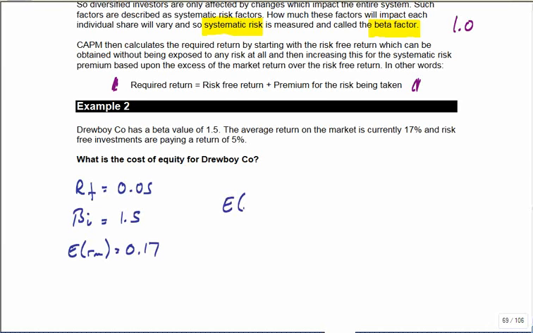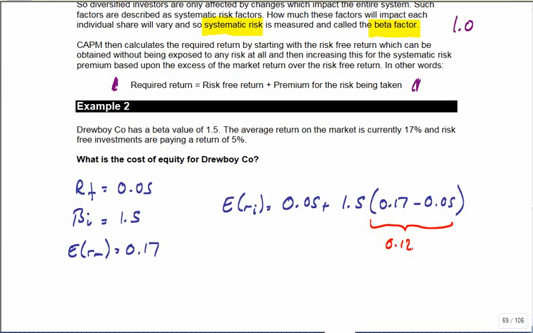So the expected return from investment I is going to be 0.05, the risk-free rate, plus beta 1.5 times the market return 0.17 minus the risk-free rate 0.05. And for the maths, you have to work out the figure in the bracket first. So what is 0.17 minus 0.05? That's 0.12.